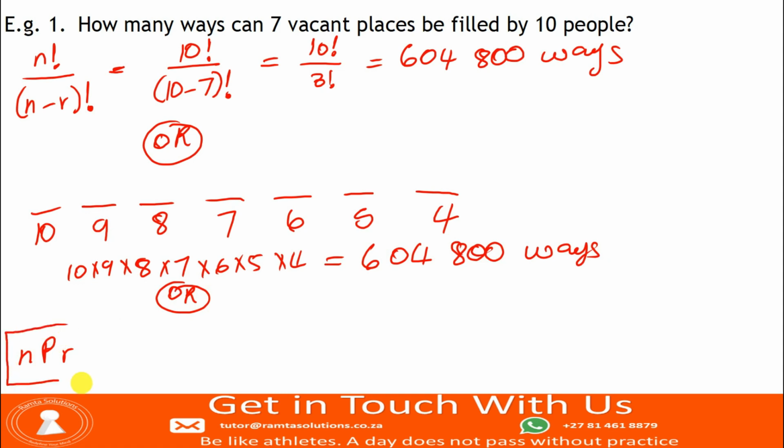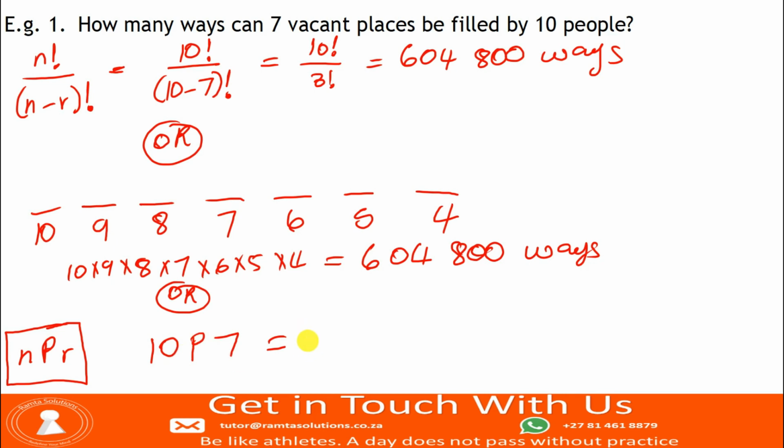Now, again, I want you to note your calculator has this function here. On your calculator, you can press how many objects do you have? You have 10 objects. And then how many do you need? You need 7. Tell me what your calculator returns. These are called permutations.